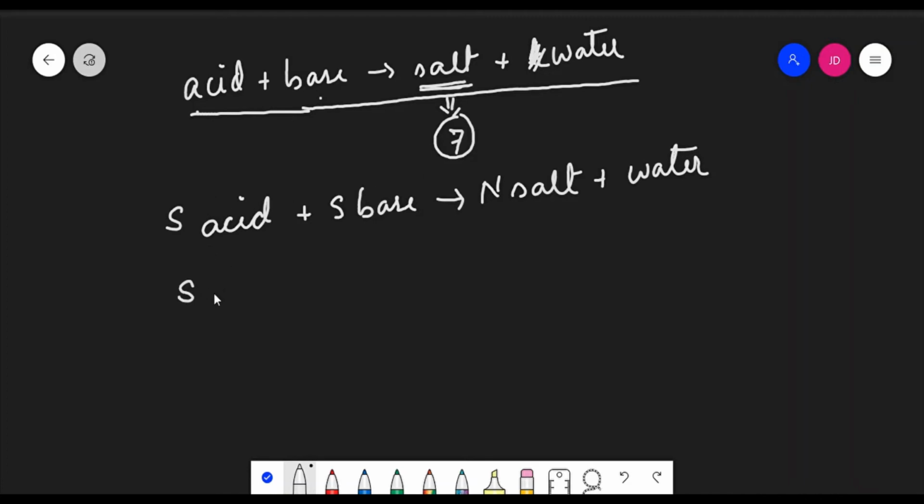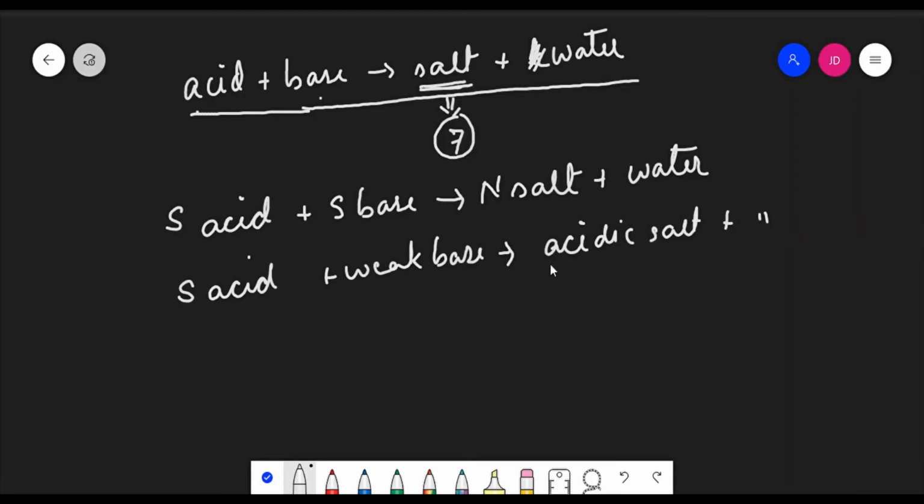However, if you're reacting a strong acid with a weak base, say NaOH which has less concentration, then our salt will be acidic in nature, plus water. Why acidic in nature?